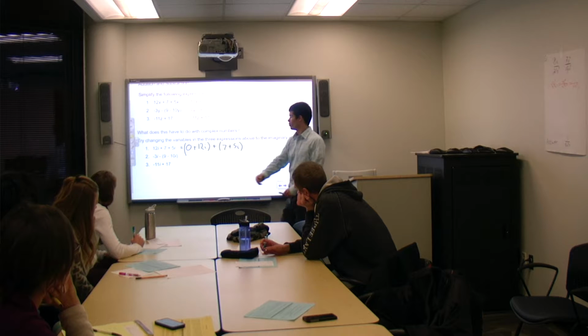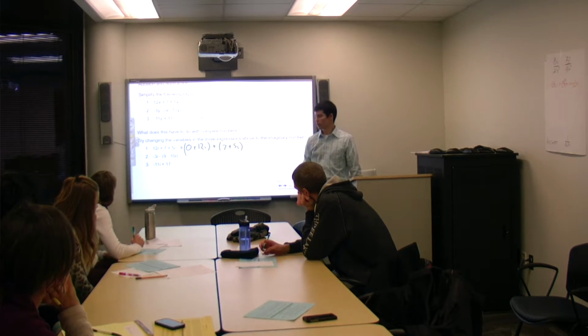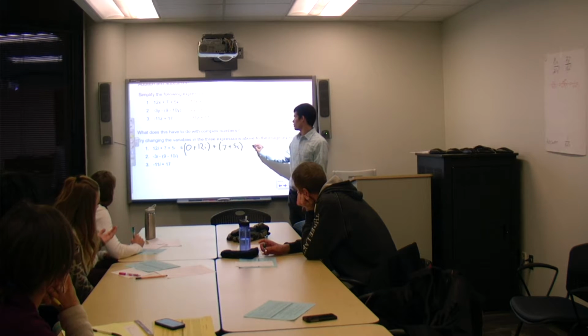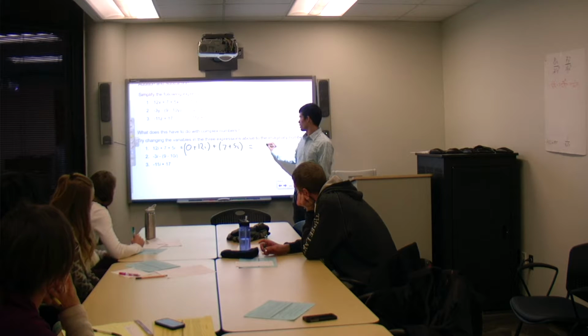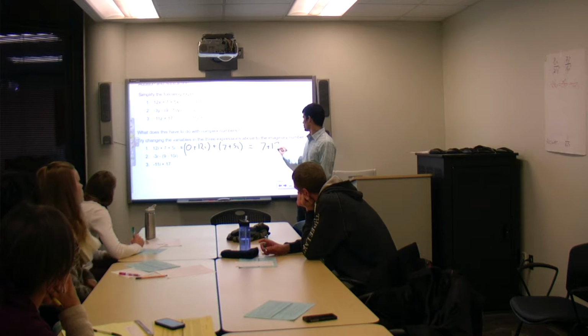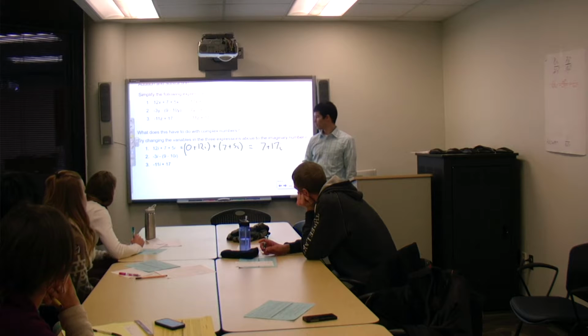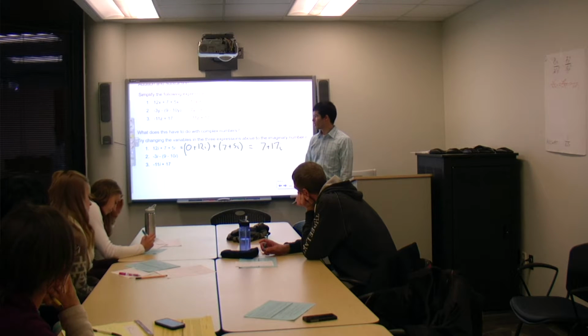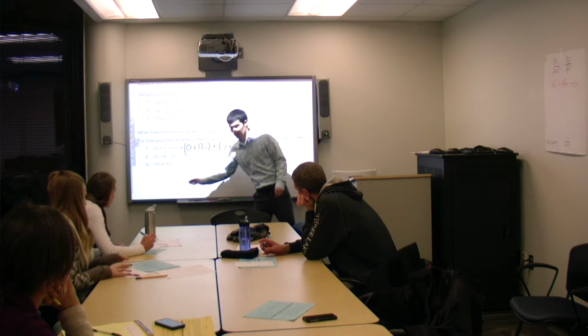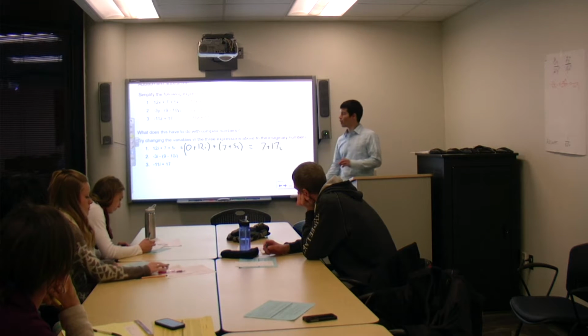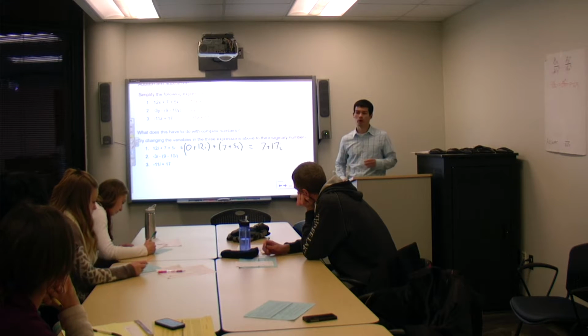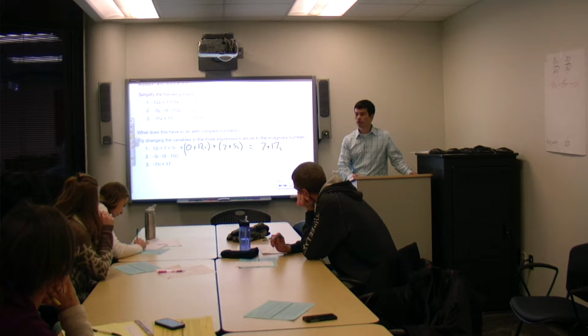So now we have one complex number and our second complex number. So when we add them, we get 7 plus 17i. Similarly for the second and the third. So you guys already knew how to add and subtract complex numbers. You just didn't know yet.